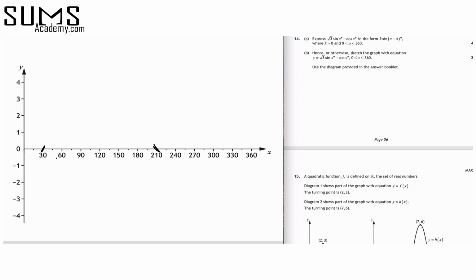So those are the two roots. Now we think about the maximum and the minimum. The maximum usually occurred at 90, but now it's going to occur at 120, because that's 30 along from 90. And instead of having the minimum at 270, we're going to have the minimum at 300. It's going to be along here at some point.